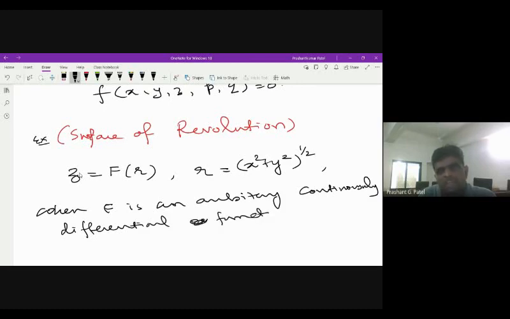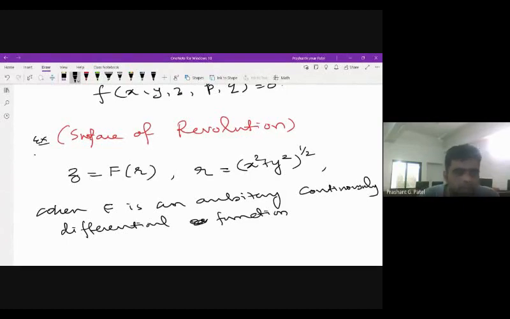What is our objective? Our objective is to find the differential equation whose solution is this. So our objective is to calculate the differential equation whose solution is the surface of revolution.